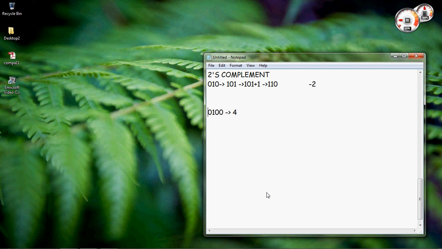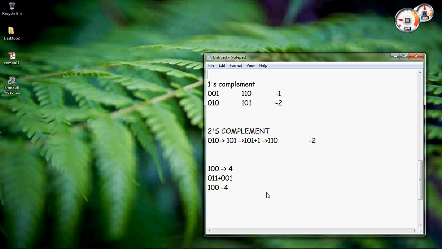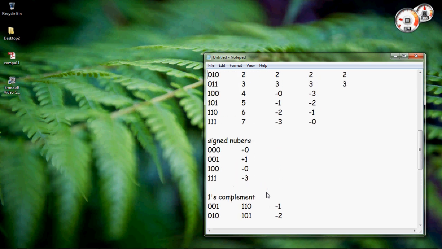If we calculate the 2's complement of this 100, the one's complement of 100 will be 011, and if you add 001 to it, the value will become 100 again. So 100 represents -4 in this 3-digit system.